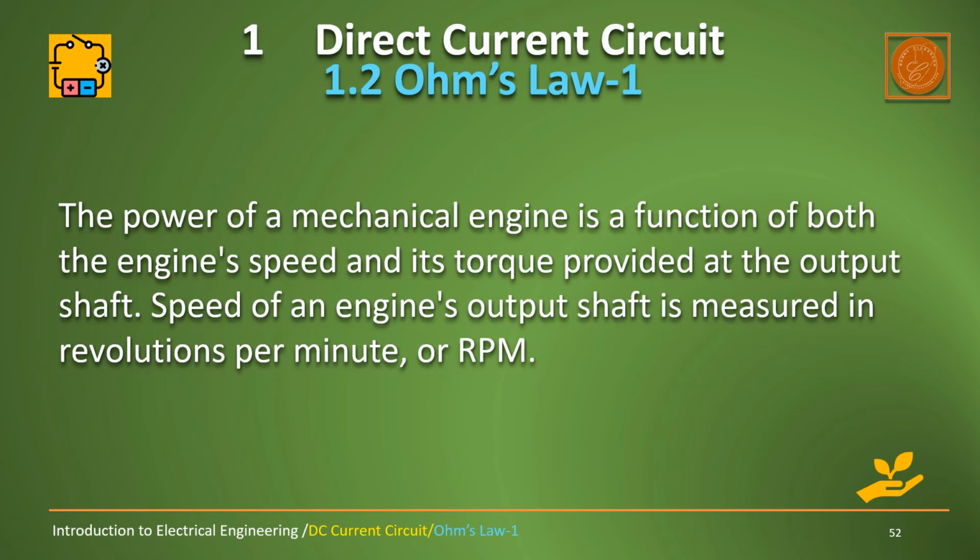The power of a mechanical engine is a function of both the engine's speed and its torque, provided at the output shaft. Speed of the engine's output shaft is measured in revolutions per minute, or RPM.